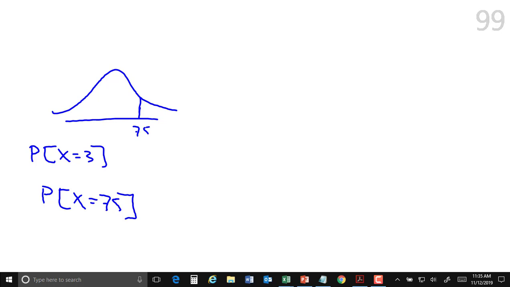That would be this area. It's a trick question, because if somebody asks that kind of question on a continuous function, it's always the same answer. How much area is under the curve under 75? 1 is the whole area, so it's going to be really tough to be 1 on one spot.